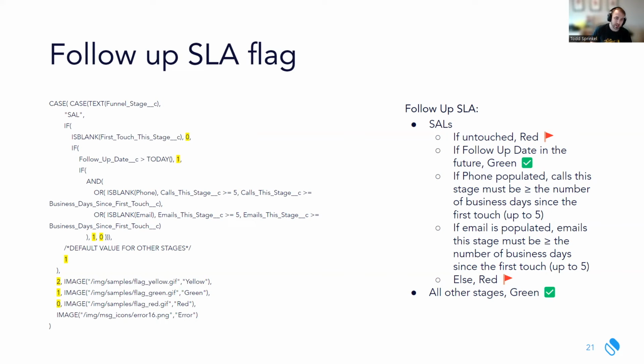However, if we already speak to the prospect and we've logged a task for ourselves in the future, and that follow-up date is greater than today, then we're all good, because once a conversation has started, I don't really care how much outreach it takes because we've talked to them. This is really just to measure: are we doing enough to try and initiate that initial conversation?